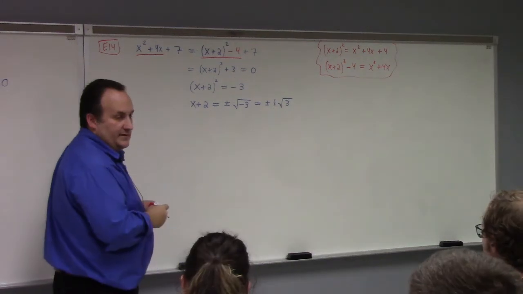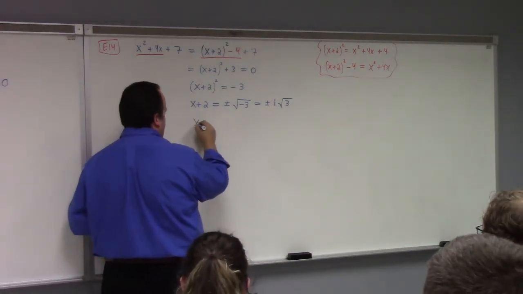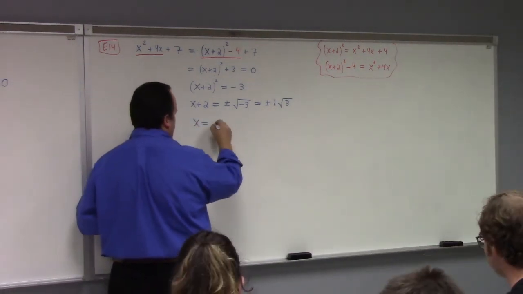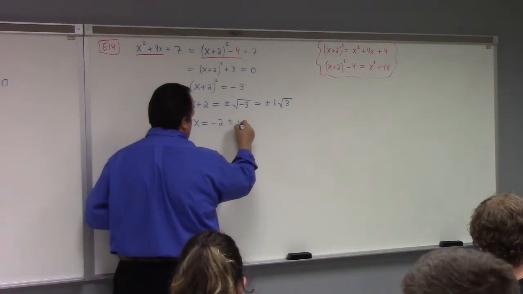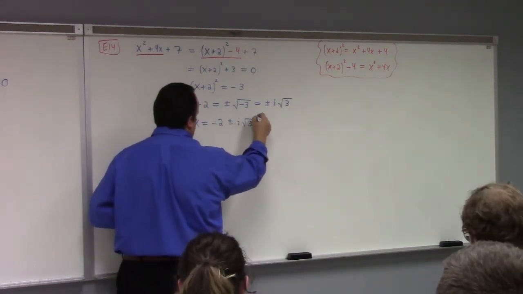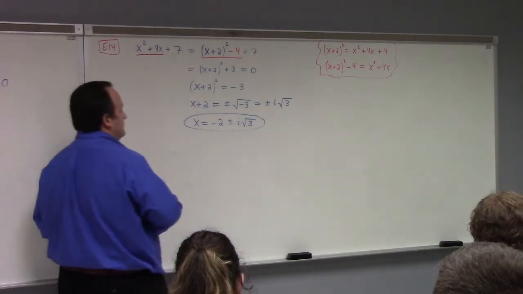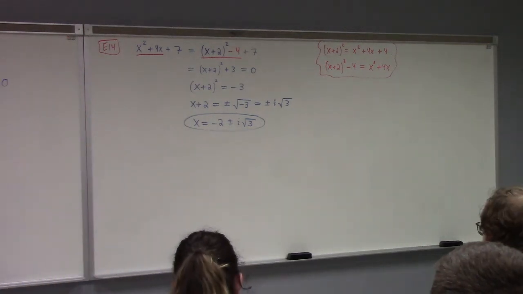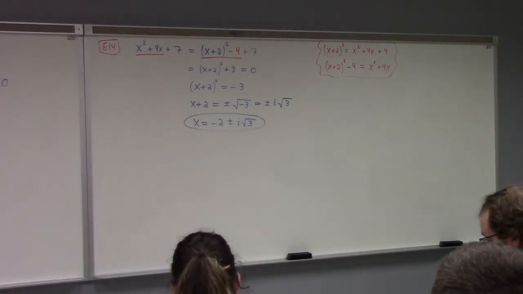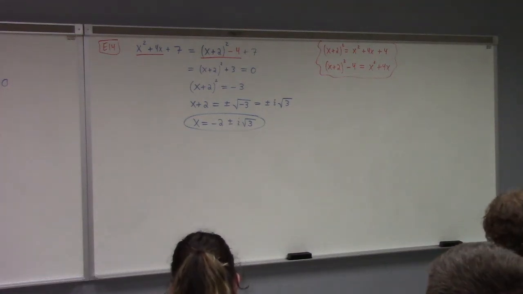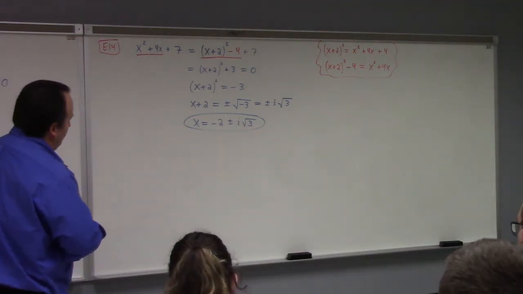And so the answer here is thus x equals, move the minus 2 to the other side, minus 2 plus or minus i root 3. Yep. Where did the negative 3 come from? Because I moved plus 3 to the other side and made it minus.